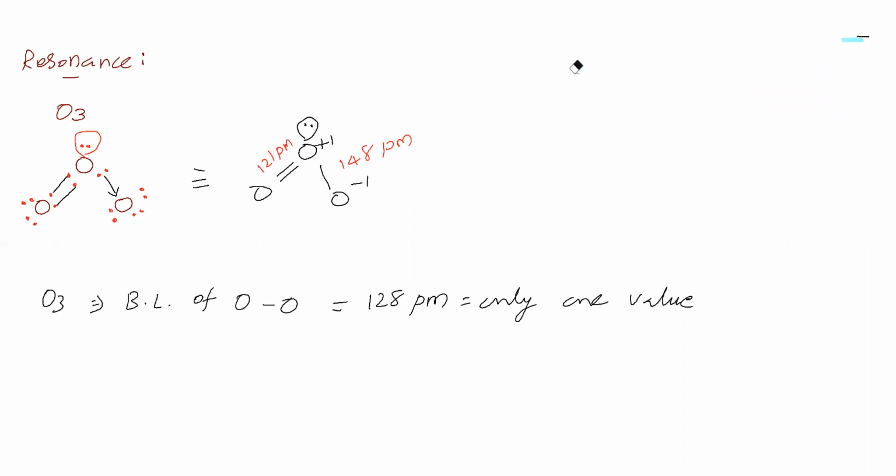Suppose there is a triple bond, how will the bond length be? Still less. Now, the experiment says that the bond length is 128 picometer. Compare this value with 148.